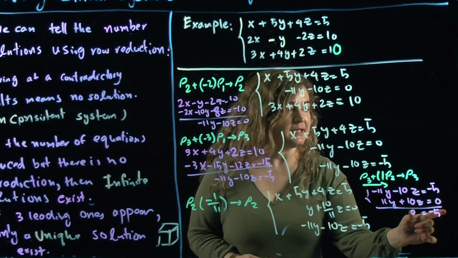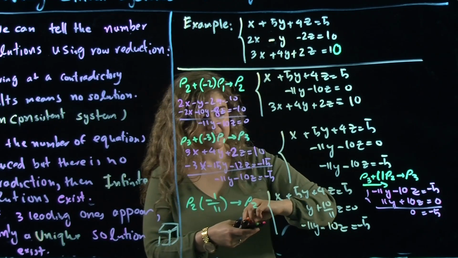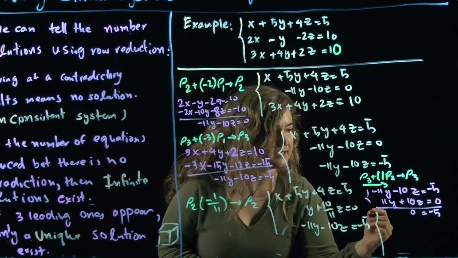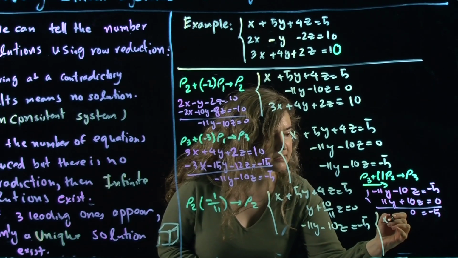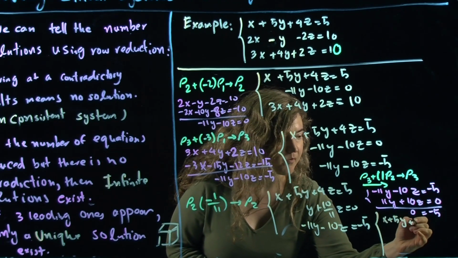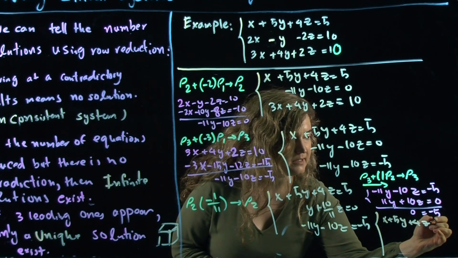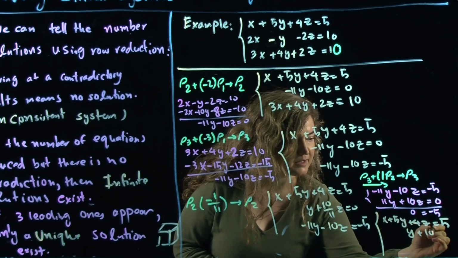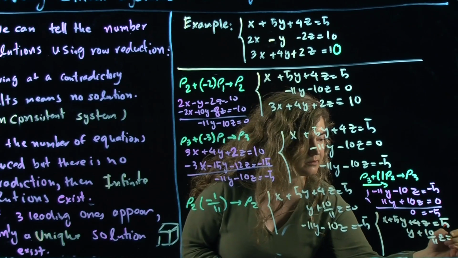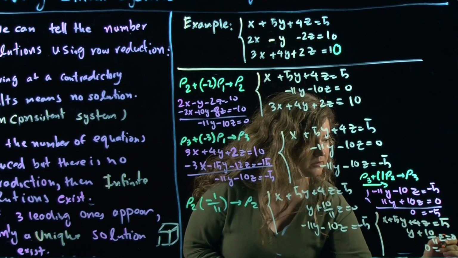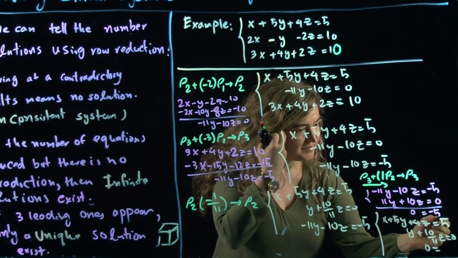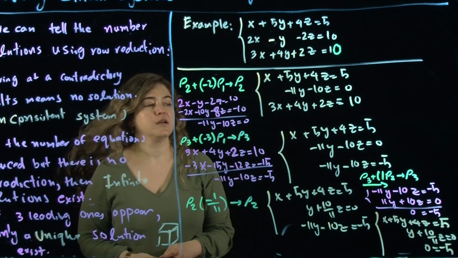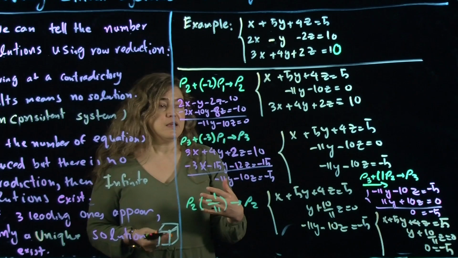So replacing this into the system, what we get is this system: x plus 5y plus 4z equal to 5, y plus 10 over 11z equal to 0, and 0 equal to -5.